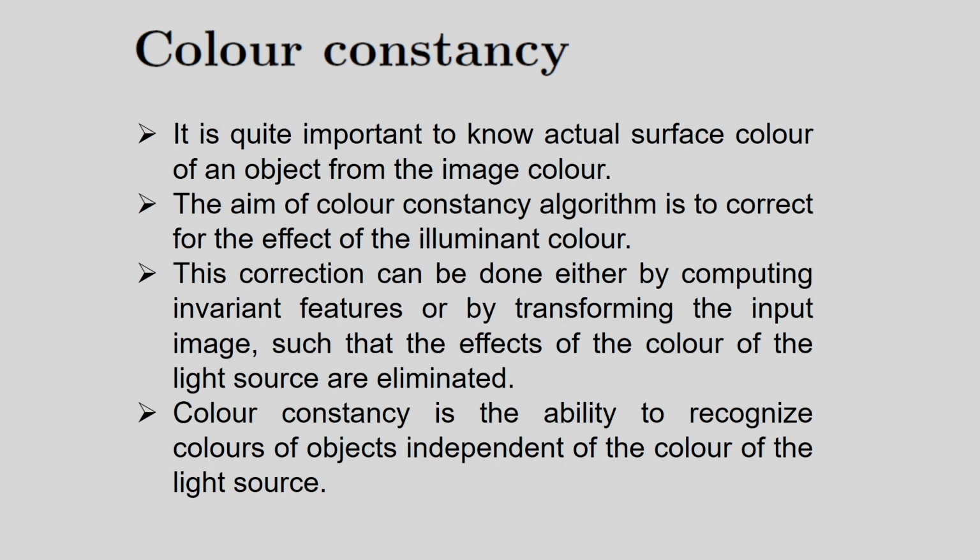So what is the color constancy algorithm? It is very important to determine the actual surface color of an object from the image color, because the image color is affected by the lighting conditions. The objective of this algorithm is to correct the effect of the illuminant color.